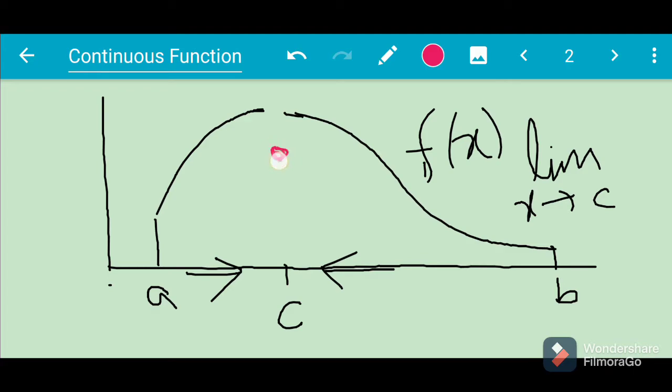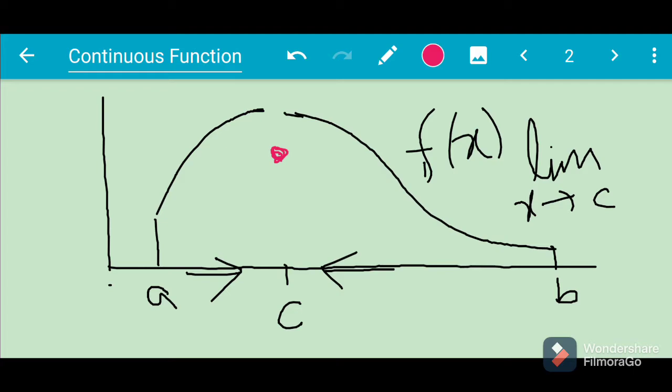So the limit exists, but f(x) at that particular point does not exist. It means it is discontinuous in that case.